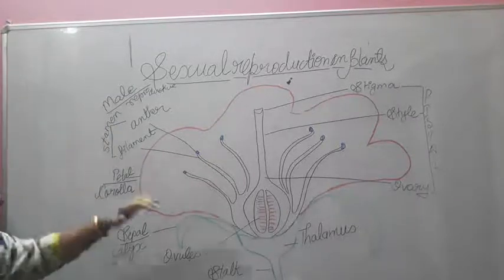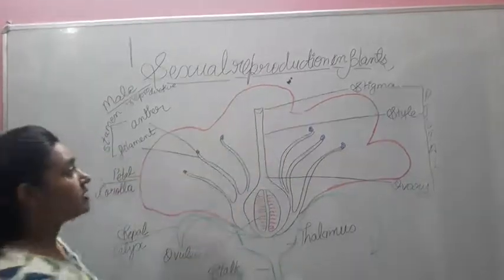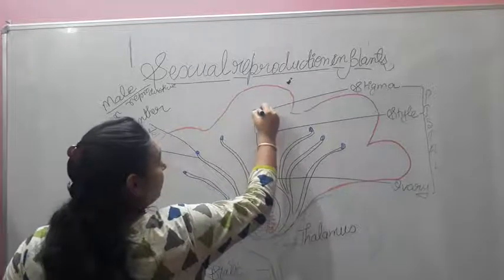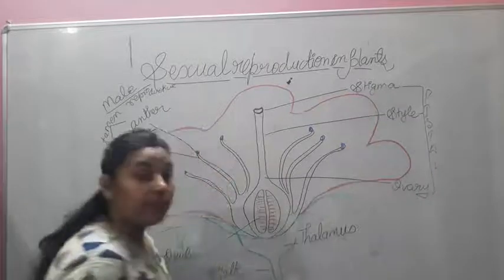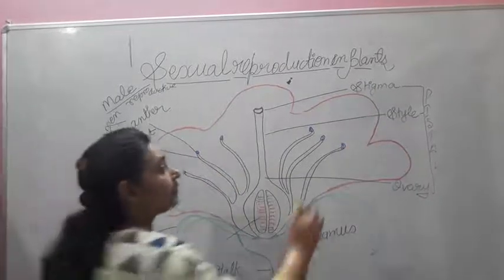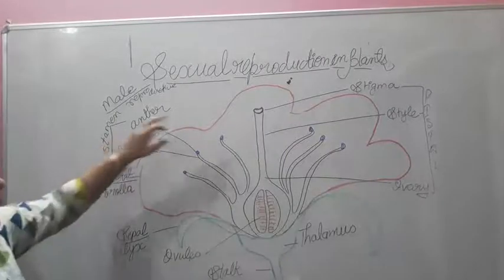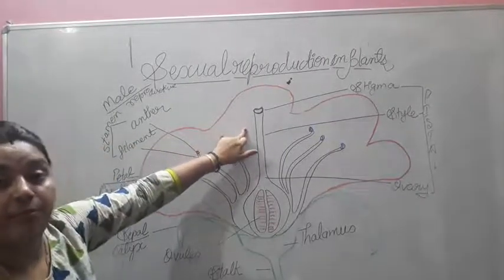Moving to the next, in the middle section, the upper part of this long filament-like structure is called the stigma. Stigma is the place where pollen lands, and then it releases the male gamete.